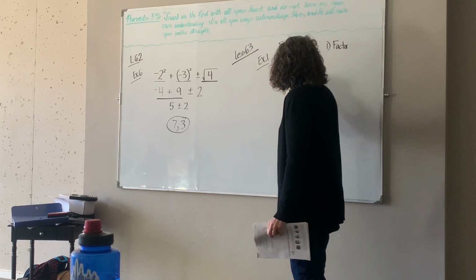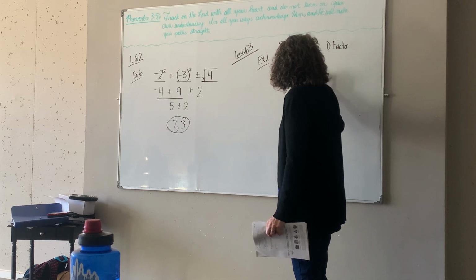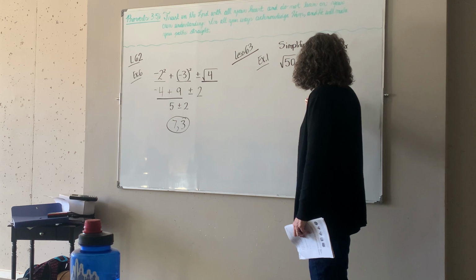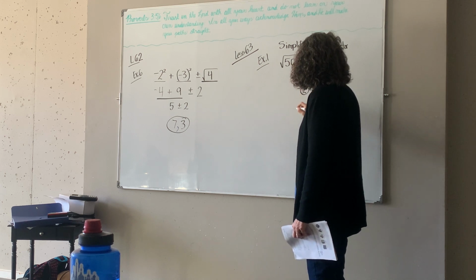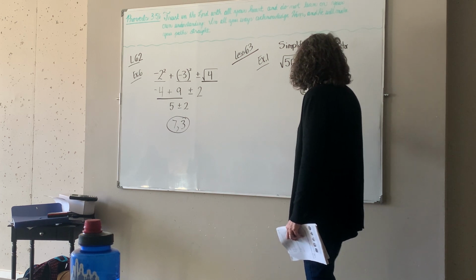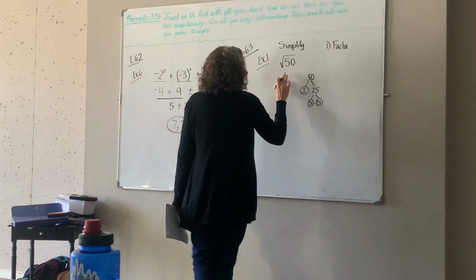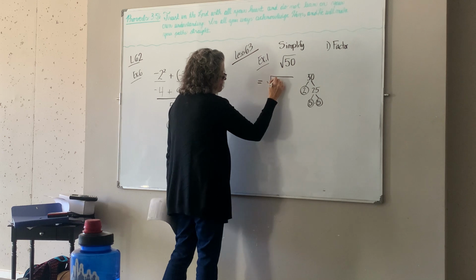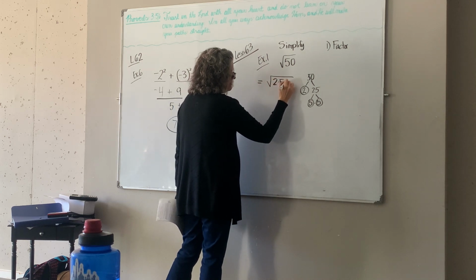So I'm going to take 50 and do a factor tree. What times what? What are you going to do? 2 times 25. All right, 2 times 25. 2's prime, so I'm going to circle it. What's 25? 5 times 5, and they're prime. So the square root of 50 is the same as the square root of 2 times 5 times 5.